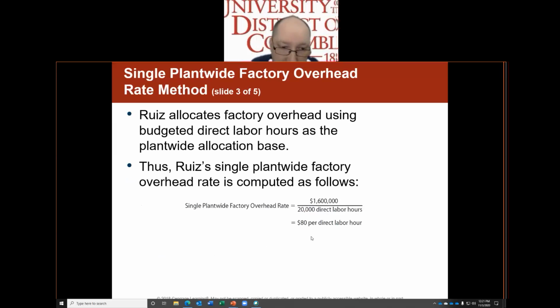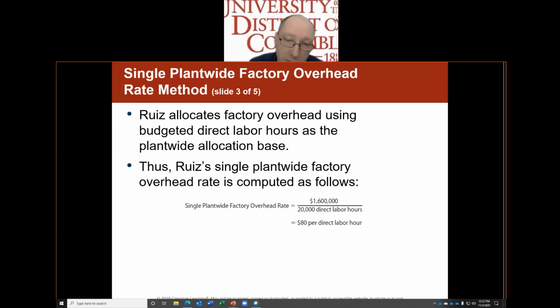So let's do a deep dive on this. So our company has $1.6 million of factory overhead budgeted for the year. We have 20,000 direct labor hours budgeted for the year. That gives us $80 per direct labor hour. How we got there?